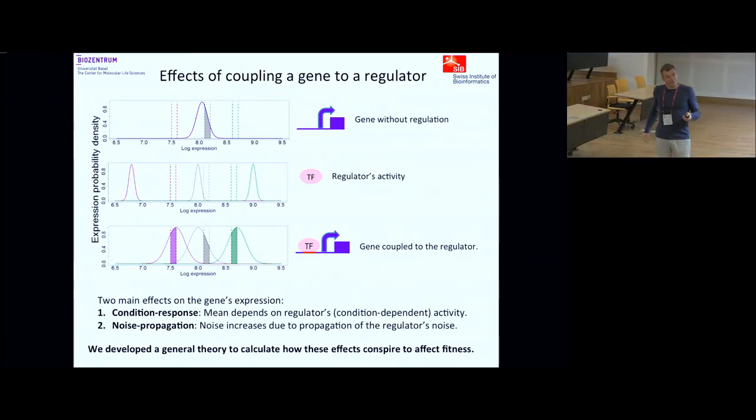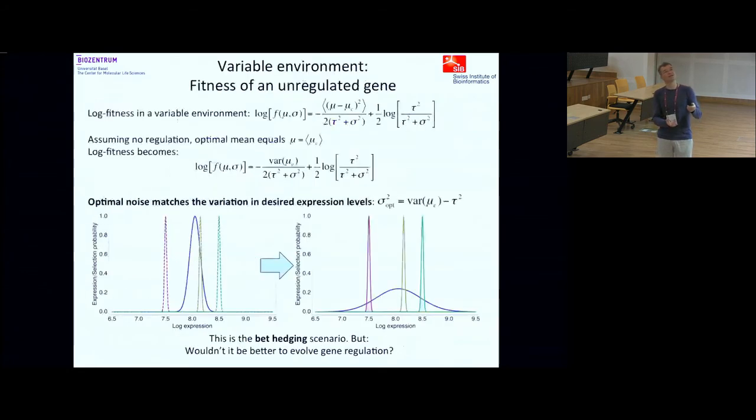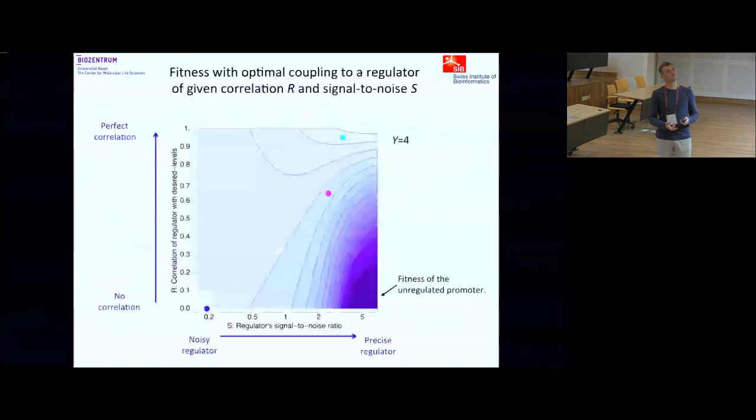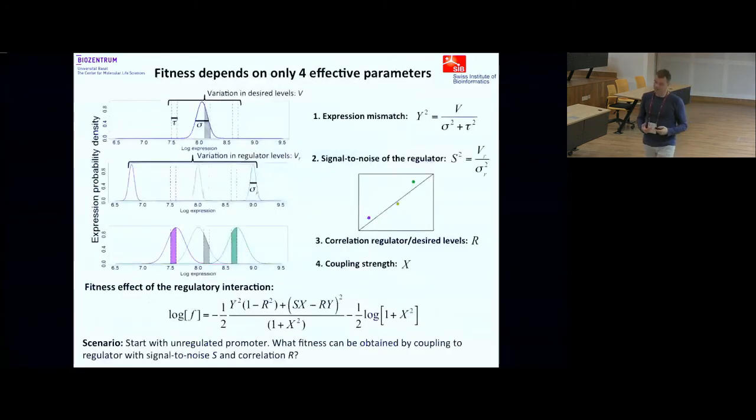And so what I did is I actually worked out a general theory of how the combination of these effects now affects the fitness of this promoter in these conditions that I talked about here. All right? I won't do the derivation here, but I can tell you it's really not so hard.